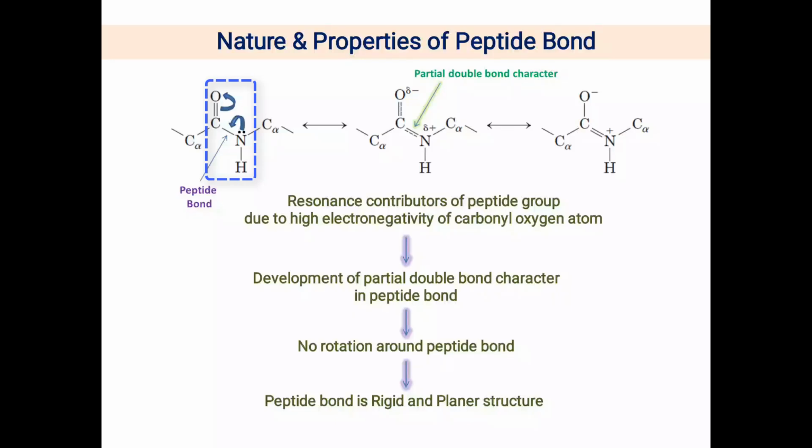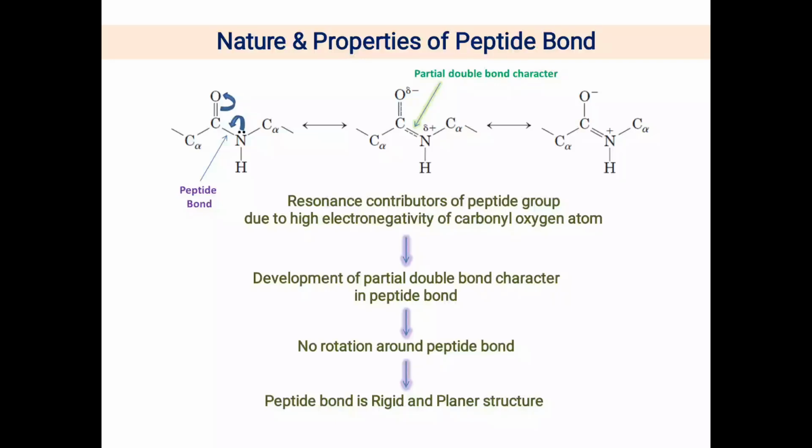To understand the partial double bond character, we first focus on the lone pair of electrons present on the nitrogen, which is not involved in any bond formation. Those lone pairs of electrons are on the peptide nitrogen, and there is also the carbonyl oxygen, which is more electronegative than the peptide nitrogen.